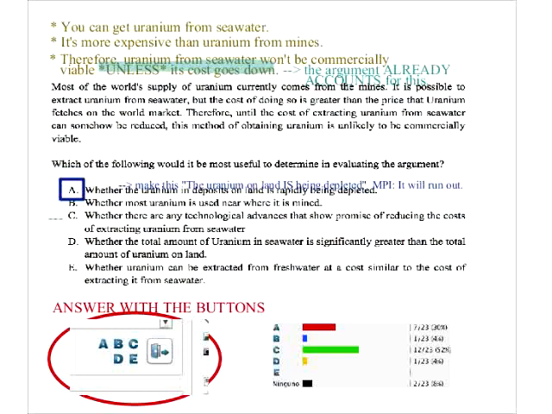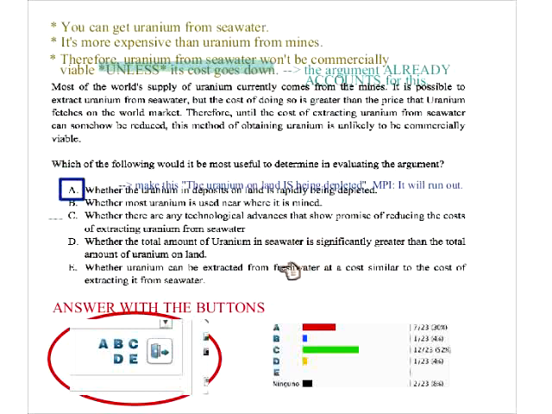This one, B, we don't care, because where the uranium is used is not relevant to the argument. We don't care who's using it or where it's used. We just care how the market behaves. D, the relative amounts are not something that matters because the argument is based on the cost of getting the uranium, not on how much is there to be gotten.